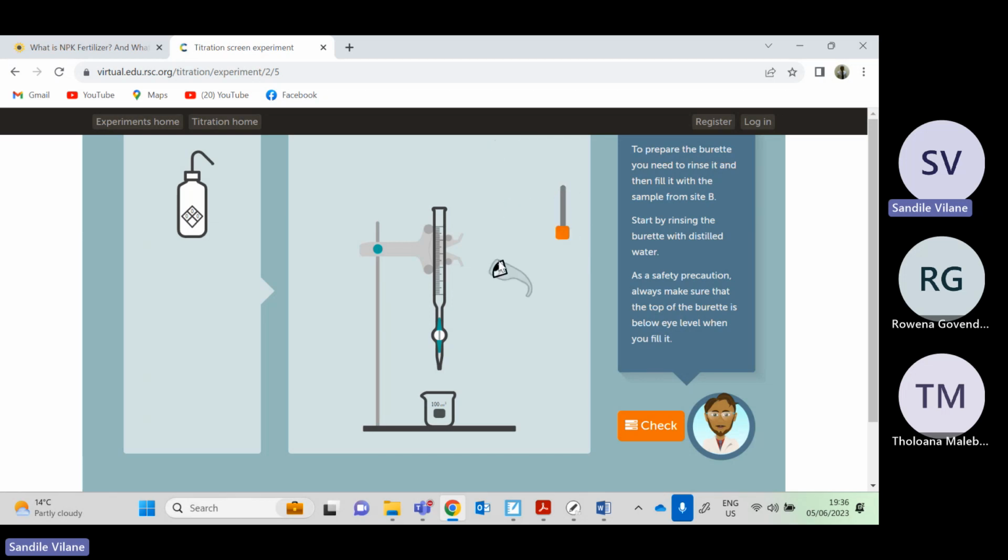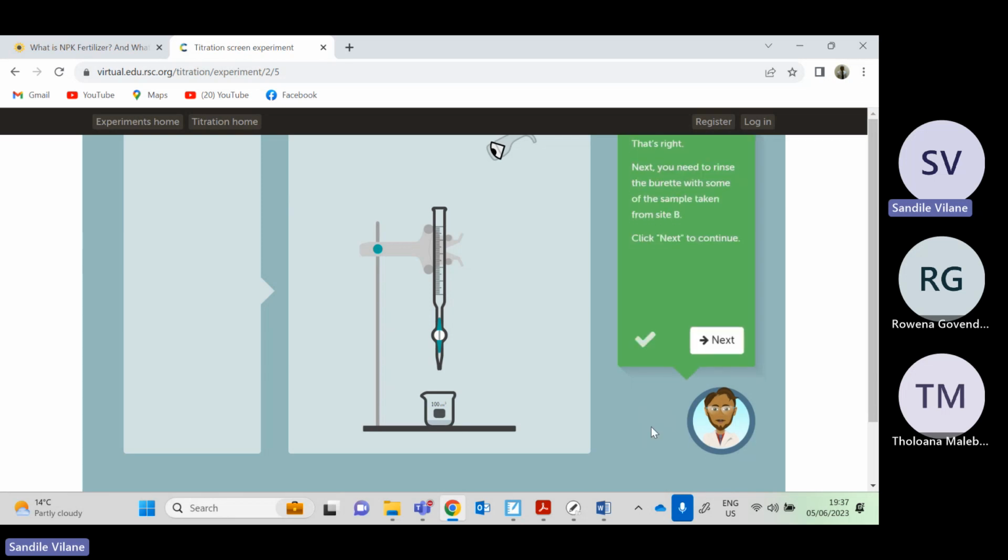So do you want to read it like that? But what did they say? Always make sure that the top is below. And there is your eye level. This is above the eye level. Below eye level, this is what they want. Okay, and then what did they want us to do? We must rinse it with water. Okay, let us check. Was that correct?